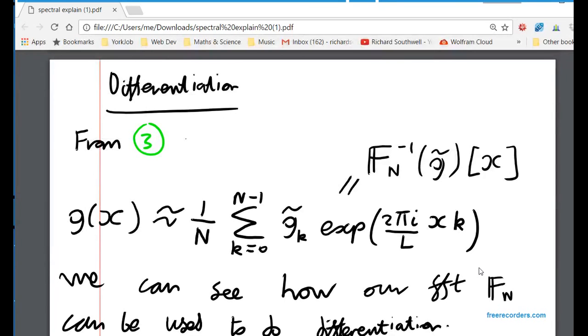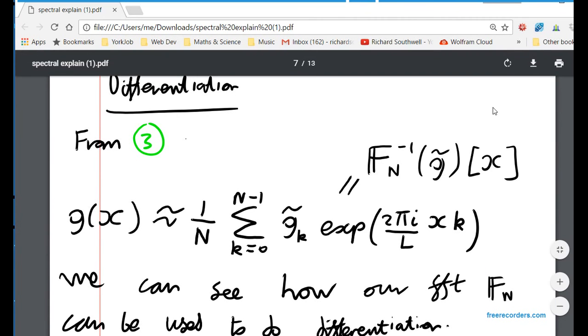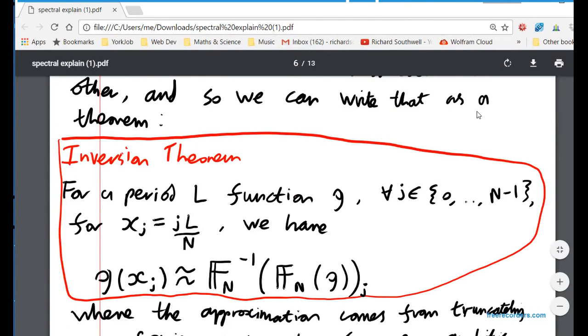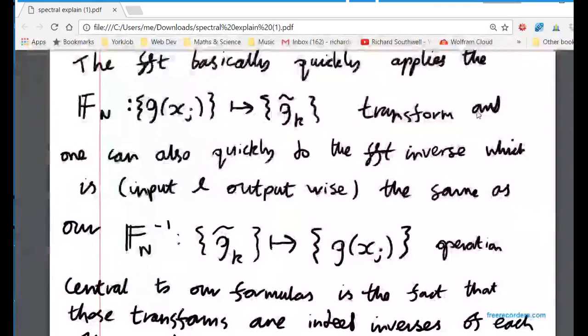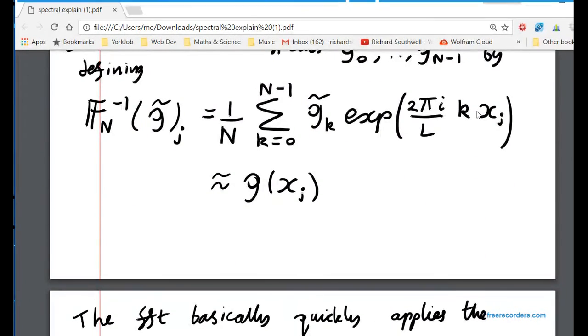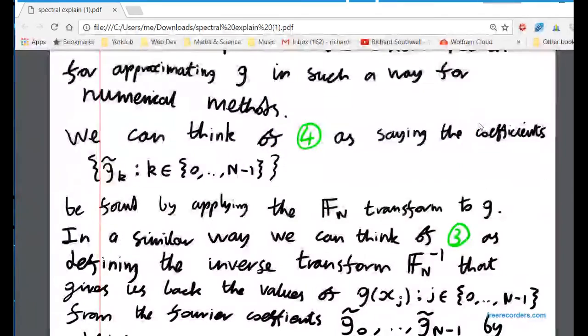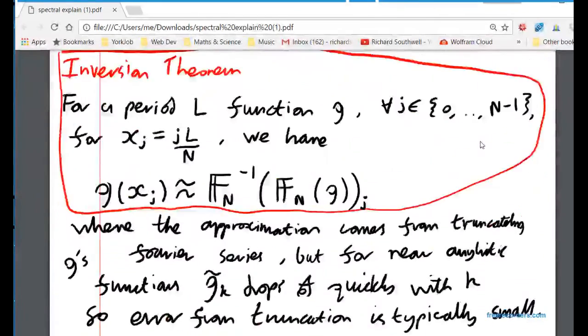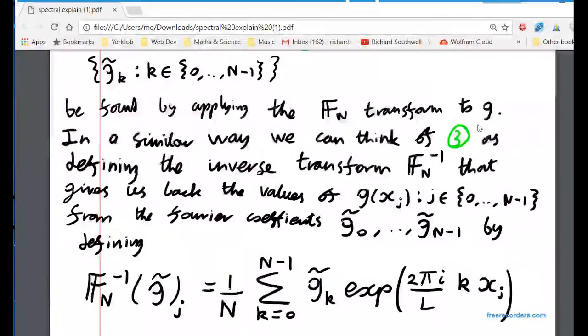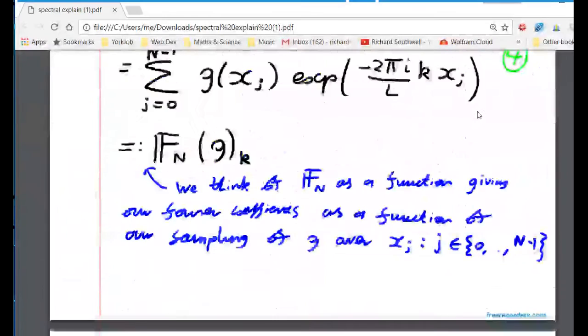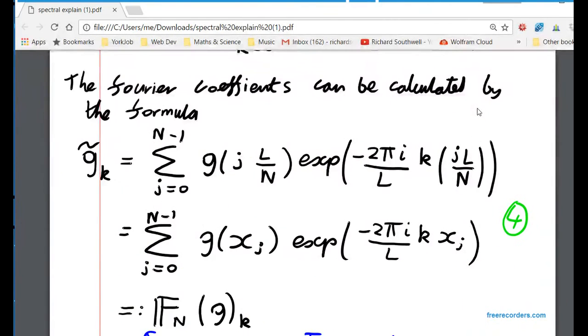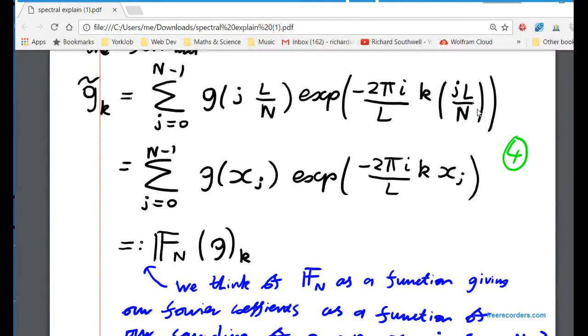So now, how do we use this kind of stuff for, let's say, spectral differentiation? Basically, we know the values of g at these different grid points, xj, and we can use this equation 4 to work out the Fourier coefficients of it.